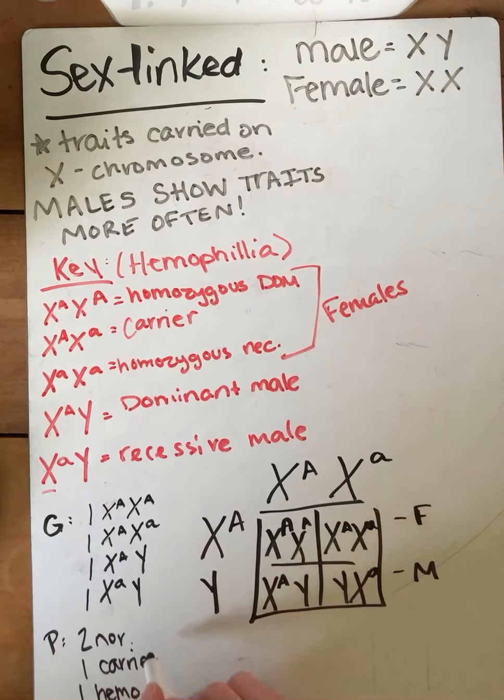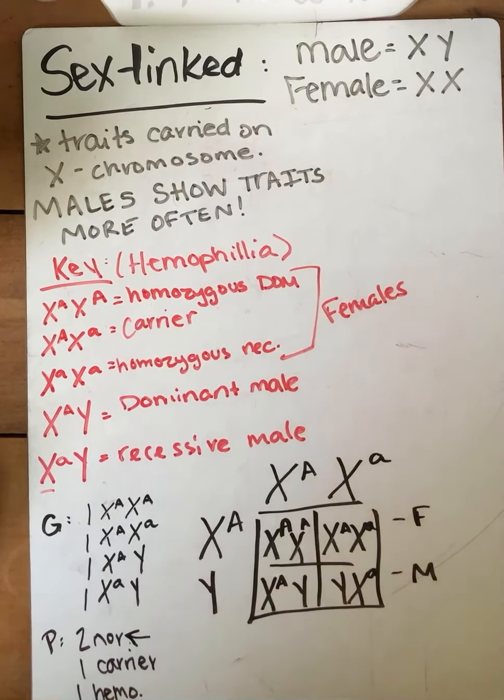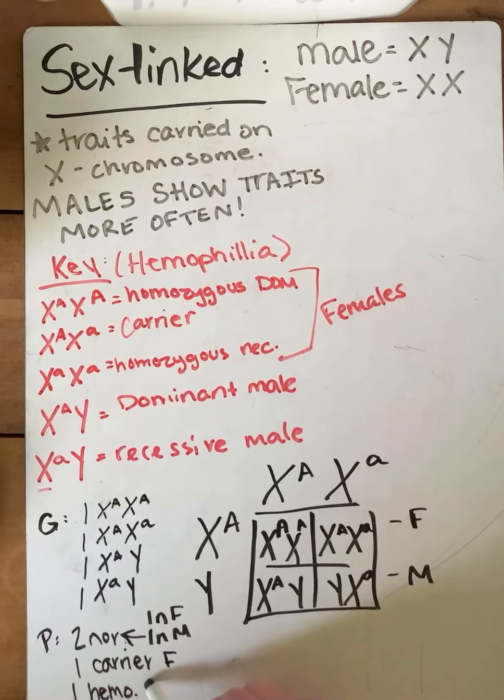Keep in mind here, we put 2 normal, but technically it would be 1 normal female, 1 normal male. Sorry, I'm abbreviating a lot. This carrier, we know, has to be a female, and it would be 1 hemophilic male.